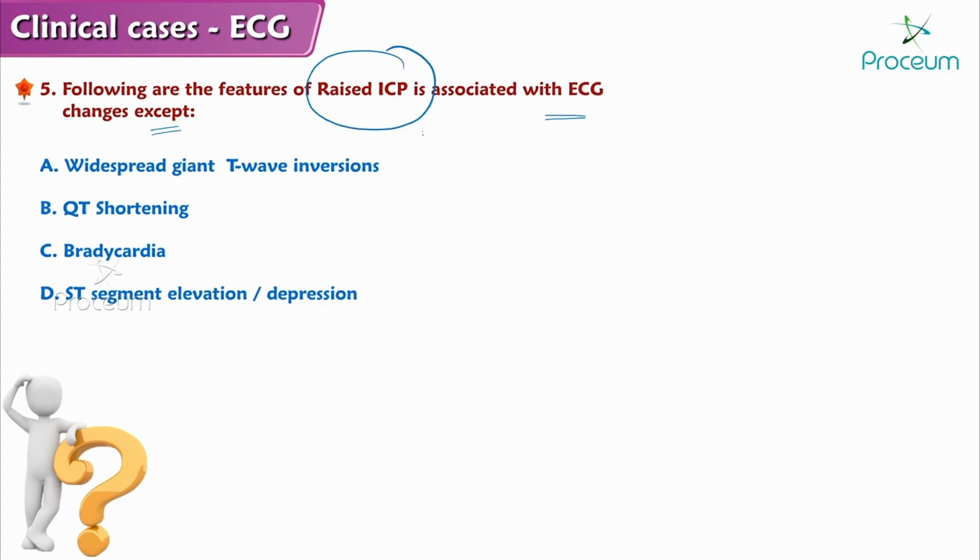Now, in raised intracranial pressure, remember, there will be activation of a reflex, and that reflex is nothing but the Bainbridge reflex, or we also call it Cushing's reflex. Once there is activation of the Cushing's reflex, the individual will have bradycardia. So bradycardia is one of the ECG changes in raised intracranial pressure.